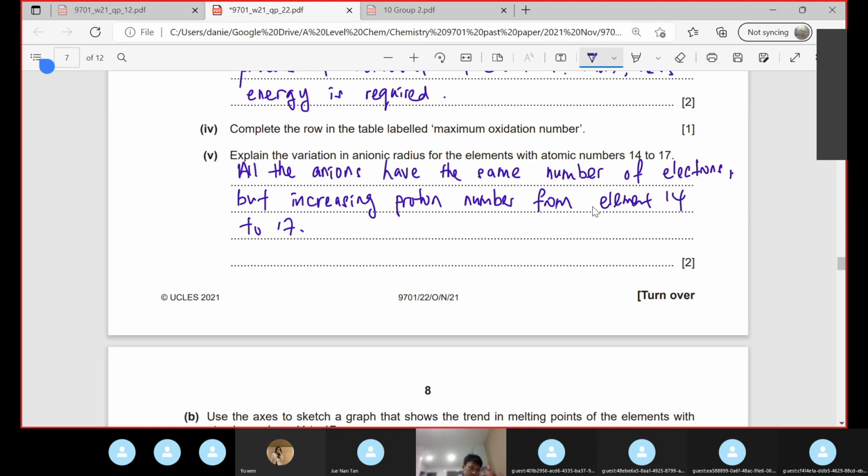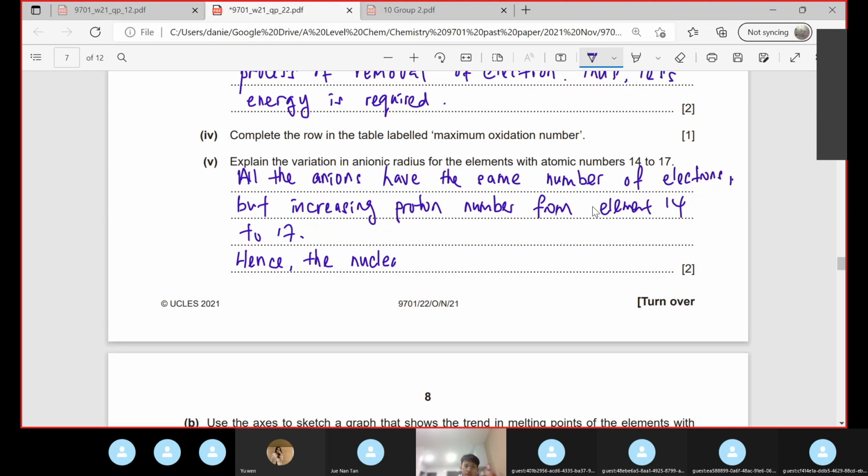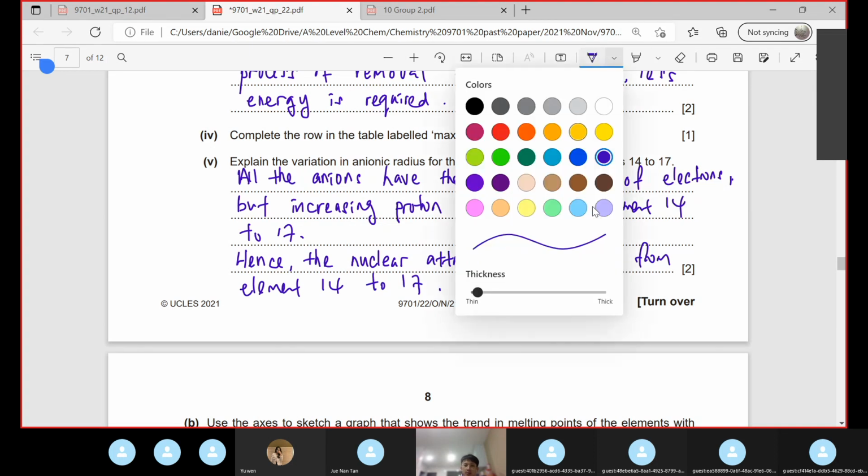Then we talk about the nuclear attraction, or the attraction between the nucleus and the valence electrons. So hence the nuclear attraction increases from elements 14 to 17.